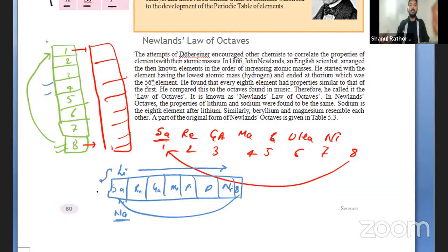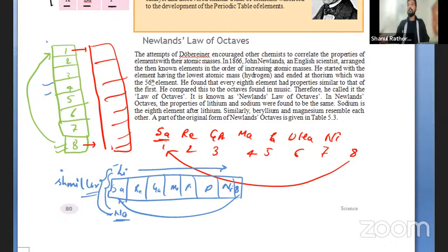So the properties of lithium and sodium should be similar. That's what Newlands wanted to say, that the properties of every eighth element are similar to the first element, as you can see here, like lithium and sodium possess the same property.